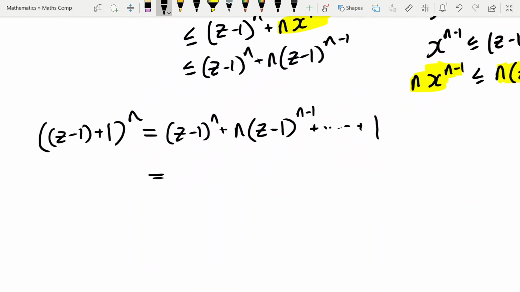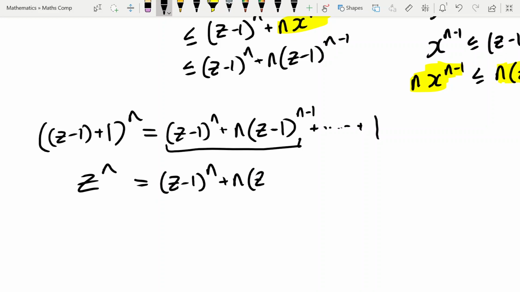Considering the left hand side is actually equal to z to the n, and these two terms are contained in it, plus a load of other terms, depending on n, z minus 1 to the n plus n z minus 1 to the n minus 1, all the way so on.